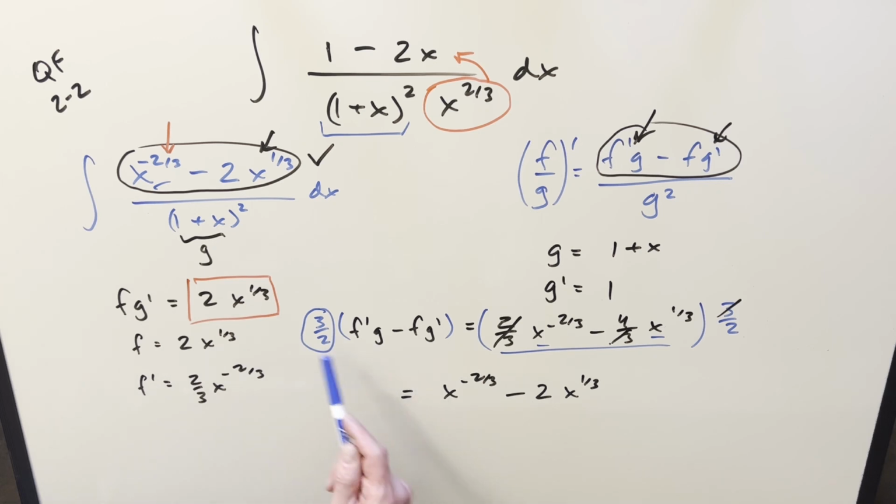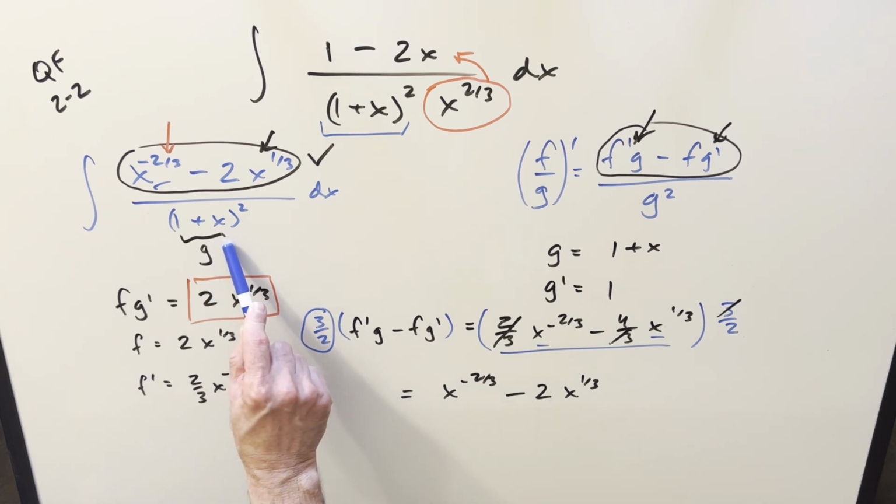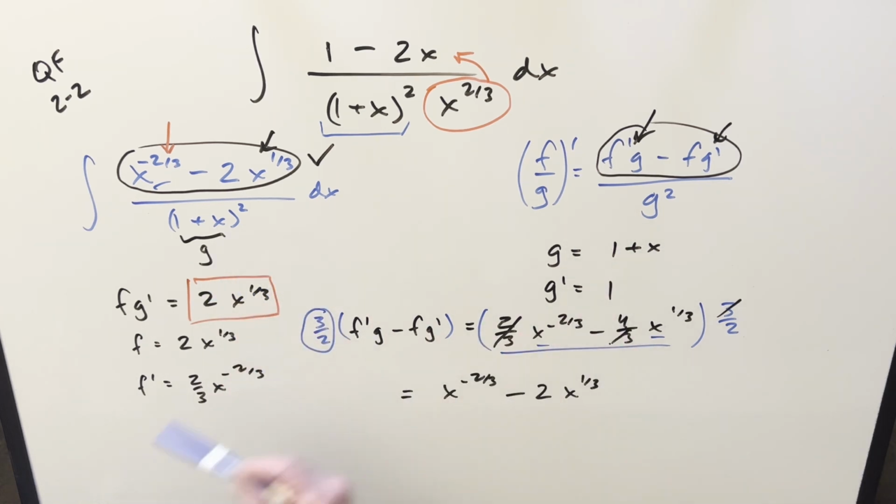You can multiply 3/2 in on the g as well, but we already have the g exactly the way we want it to match the formula. So let's multiply it in on the f. Multiplying in a constant and taking derivatives doesn't change anything, so I can do it on both the f function and the derivative. Our new f value is just going to be 3x to the 1/3, and our new f prime is going to be just x to the minus 2/3.